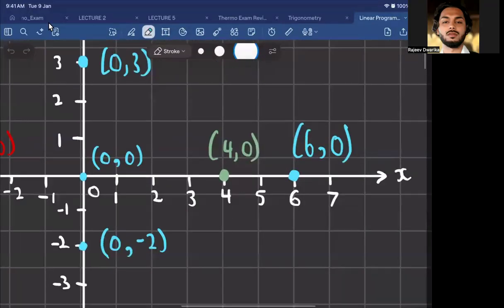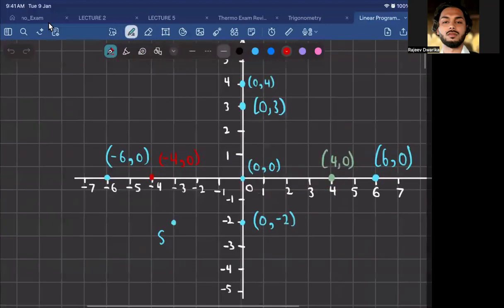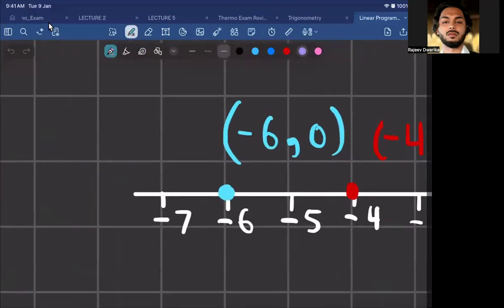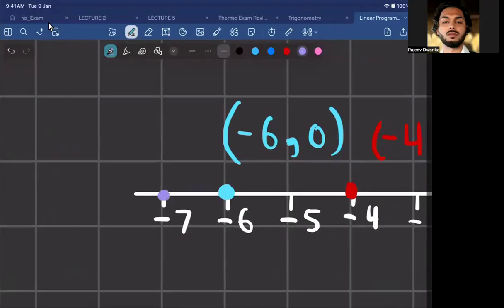Now, I have a question. Ria, would you be able to read off this point for me? What would that point be? It's -7, 0.